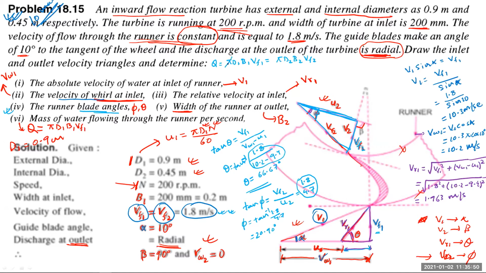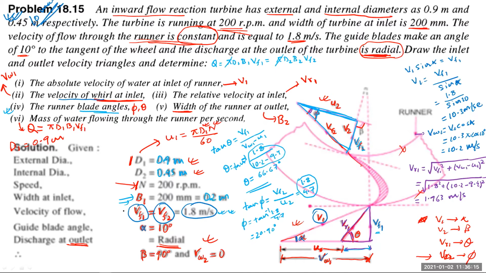Here pi is common, you can cancel it out. d1 is given as 0.9, d2 is given as 0.45 meter, and B1 is also given as 0.2 meter.